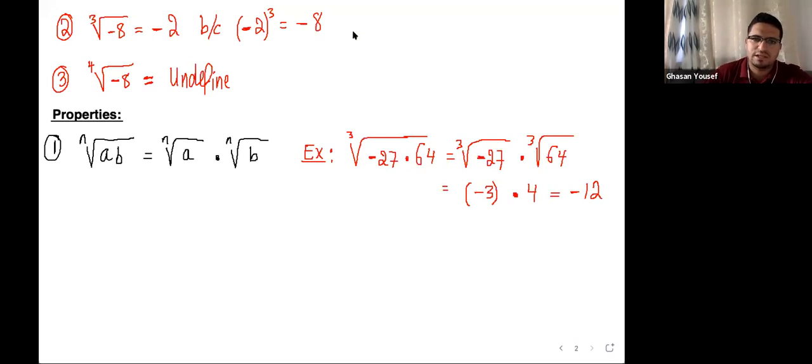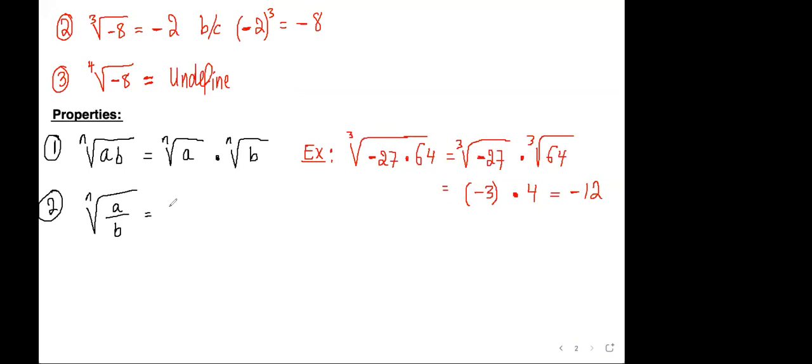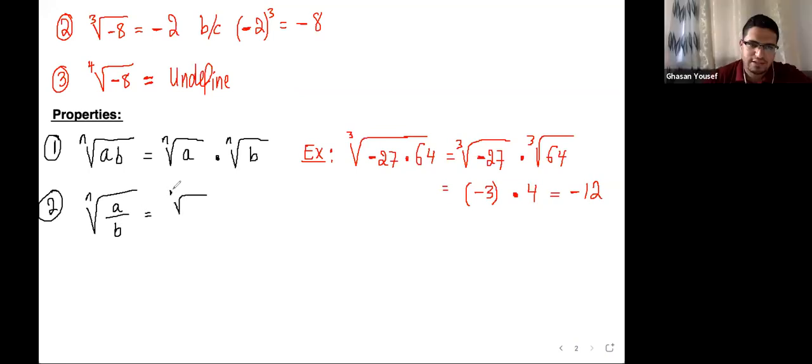The second property, number 2, says that the nth root of A over B, you can split into two radicals, the nth root of A over the nth root of B. Same idea as before.